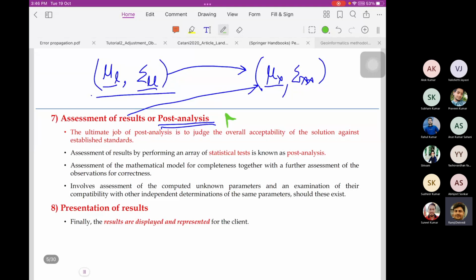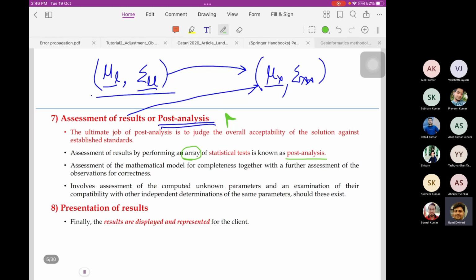So the standard could be anything, but you have to statistically prove that you have achieved the desired outcome. Assessment of results by performing an array of statistical tests, not only one or two, that would be called part of post analysis.